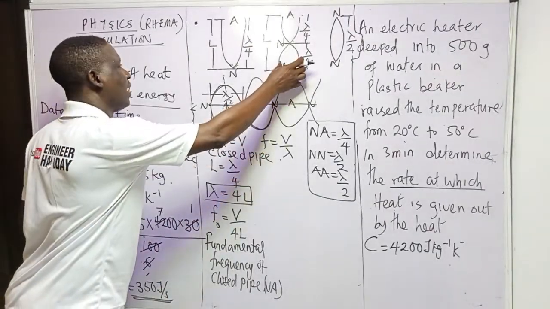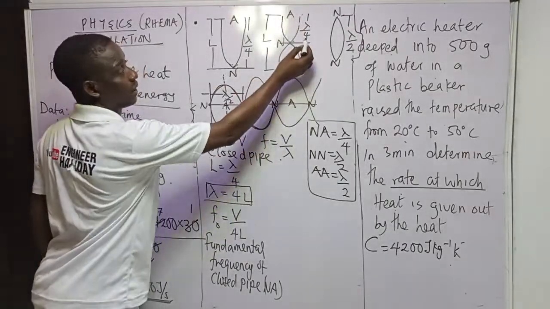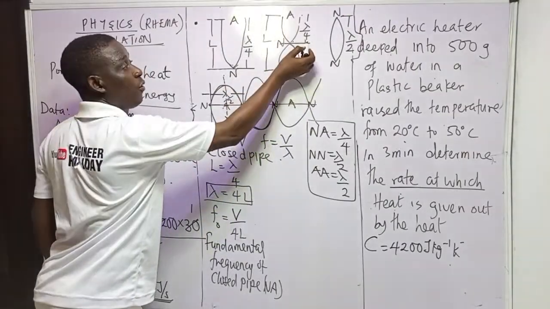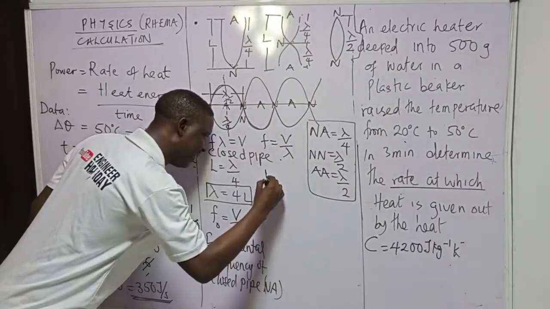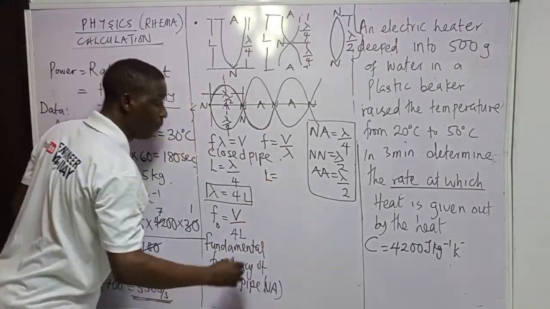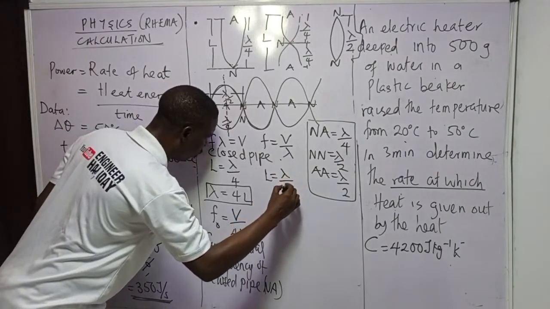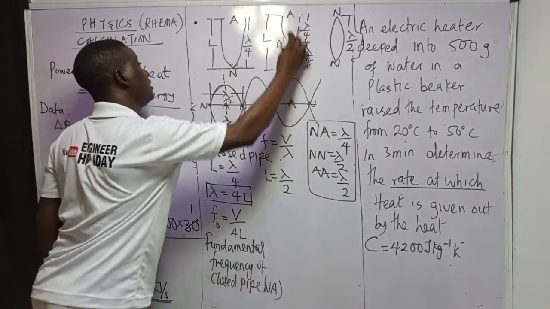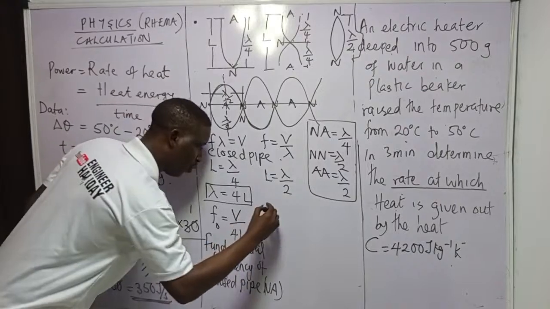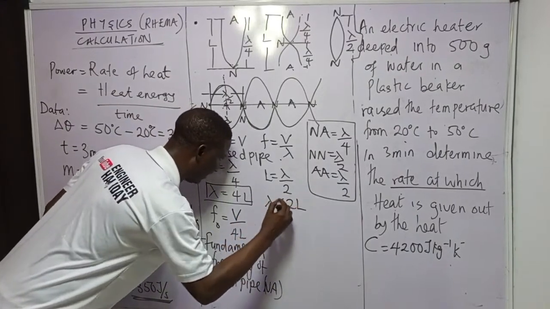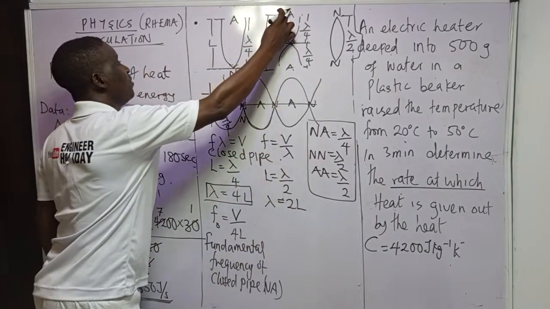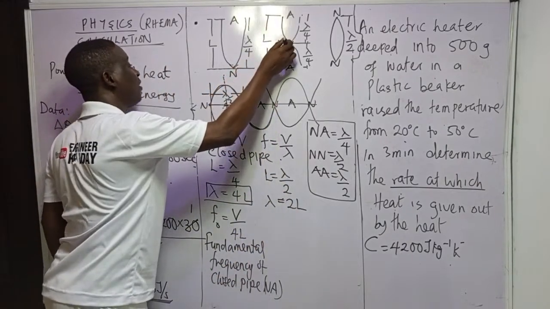Then for this one, lambda over 4 plus lambda over 4 makes half lambda. So the length of an open pipe is lambda over 2. That means from here to this place is lambda over 2. Therefore, L equals lambda over 2, that means lambda equals 2L.